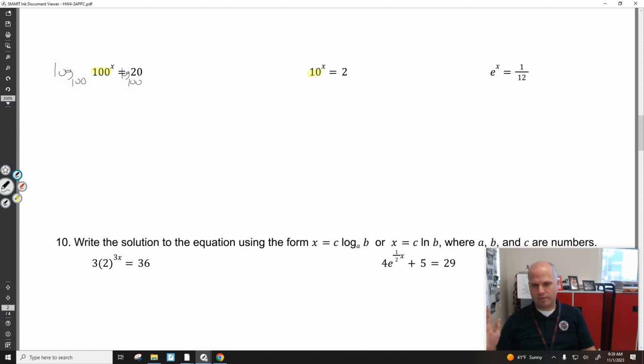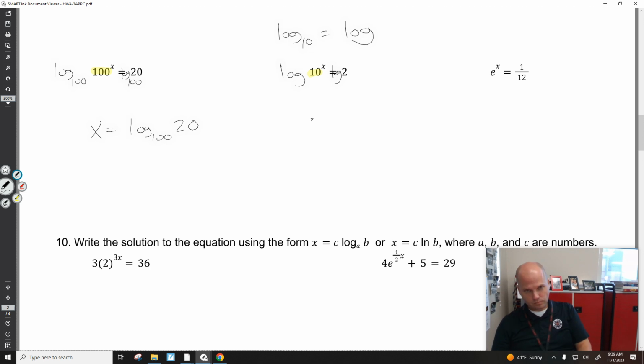Nah, 100 doesn't have a special logarithm, but 10 does. 10 to the x is used so often in mathematics that if you want to use the log base 10, we're just going to call it log. Without a number associated with it, we're assuming it's a log base 10. So the notation you can see is just log of both sides for a base 10.